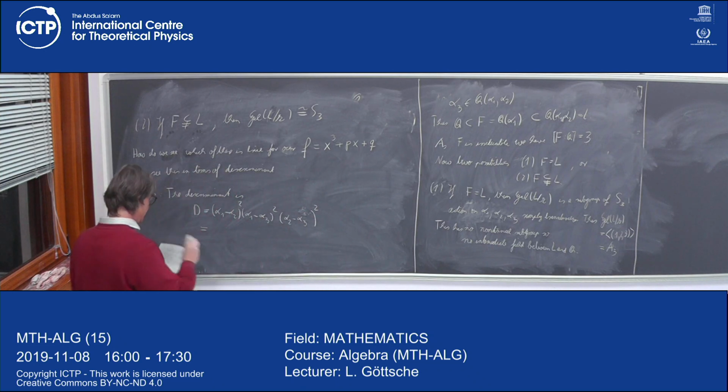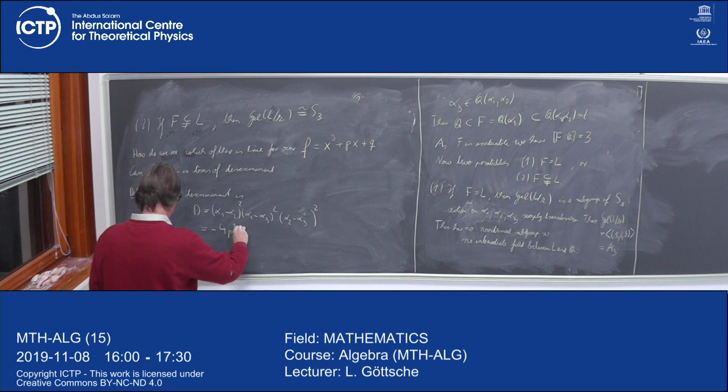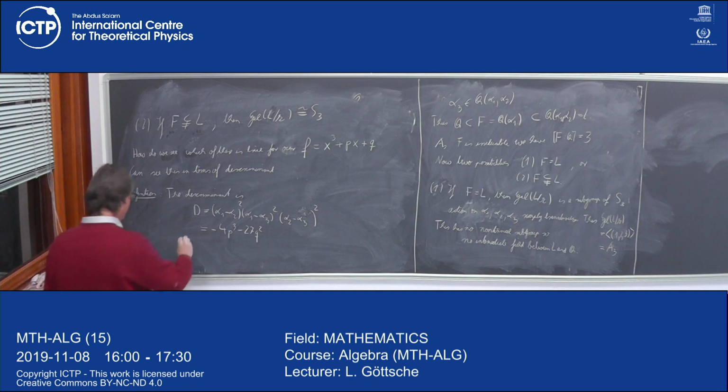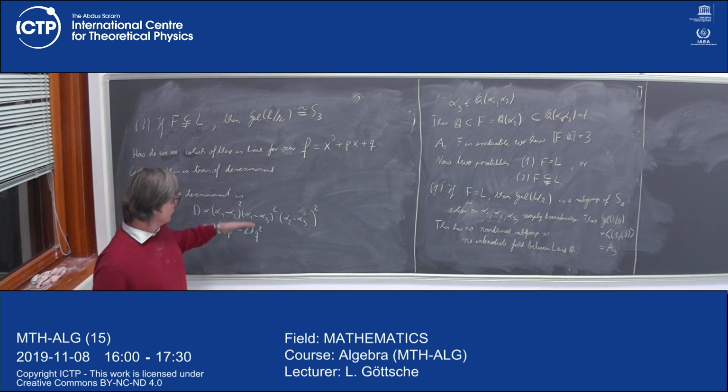So I claim that this is equal to minus 4 P to the 3 minus 27 Q squared. This you can check after a longish calculation. So obviously if we have the polynomial, we can compute this number.